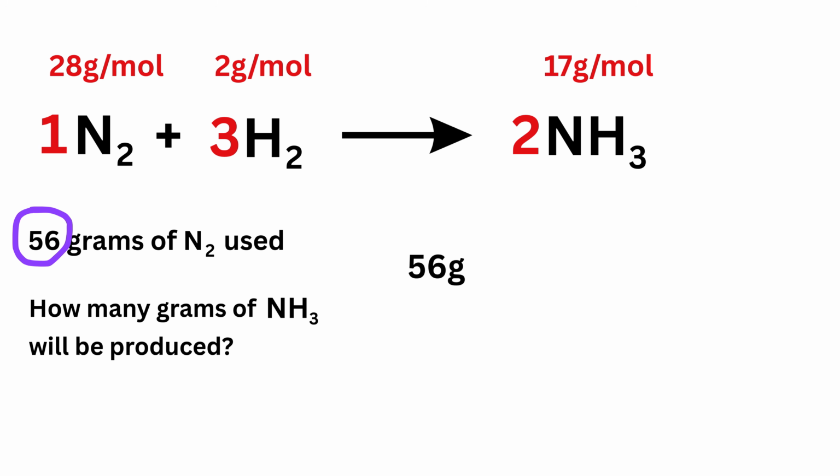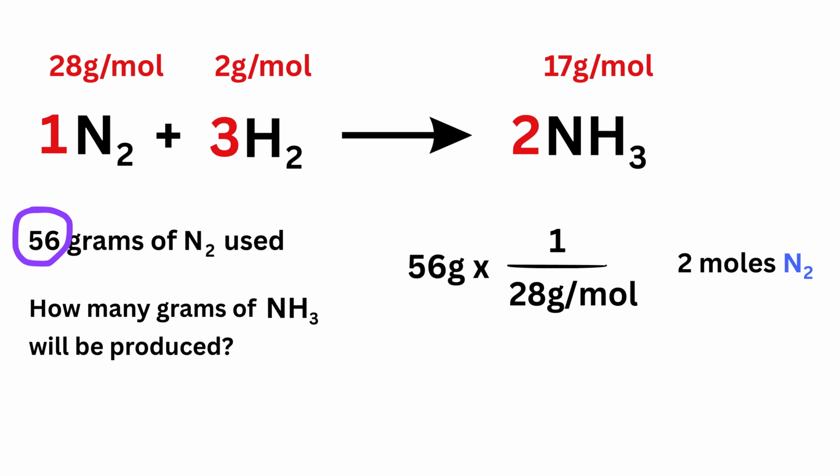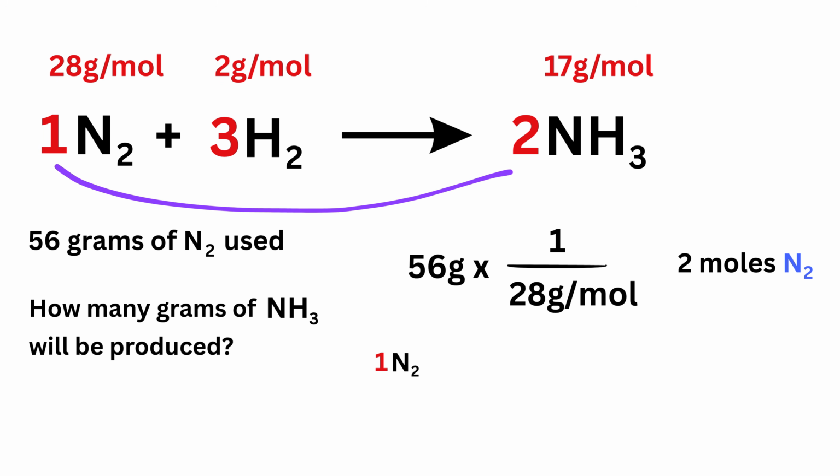We start with 56 grams of nitrogen and multiply by 1 mole of nitrogen divided by 28 grams of nitrogen. This gives us 2 moles of nitrogen. Now we are ready for the mole-to-mole conversion. The balanced equation tells us that 1 mole of nitrogen produces 2 moles of ammonia. Therefore, 2 moles of nitrogen will produce 4 moles of ammonia.